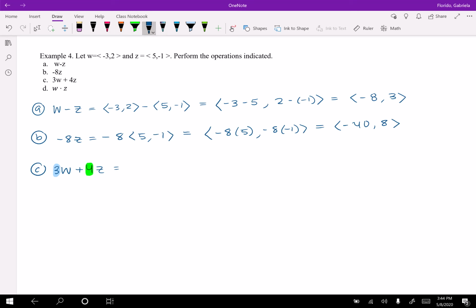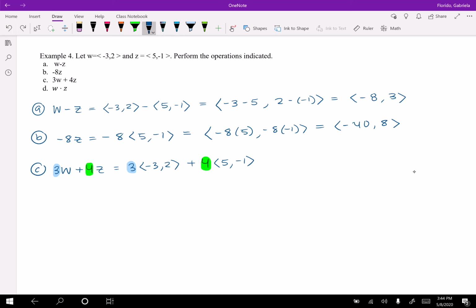We're going to multiply 3 times my vector W, which is <-3, 2>, and multiply 4 by my vector Z, which is <5, -1>. So again, here's my 3, here's my 4. First, I have to multiply my vectors by my scalars, and then add these vectors together.